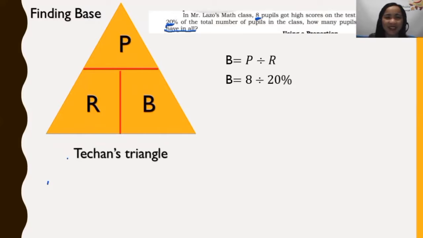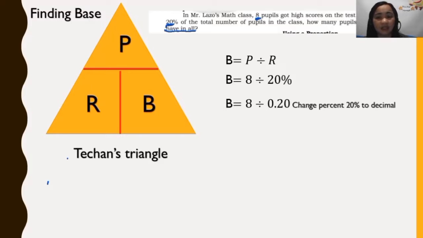From our given, 8, the number of pupils who got a high score. 8 divided by 20%. Now, we cannot use 20% unless it is changed into a decimal number. That will become 8 divided by 20 hundredths. That is changing percent to decimal.